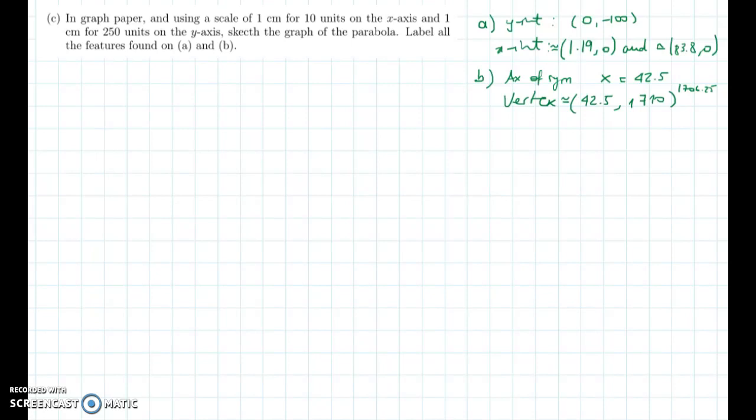And then for the y-axis, they tell us to use 1 centimeter for 250 units. We need to go between minus 100 and 1,700, so that's roughly 1,000, well, let's say it's 2,000, so we need also roughly 8 centimeters.